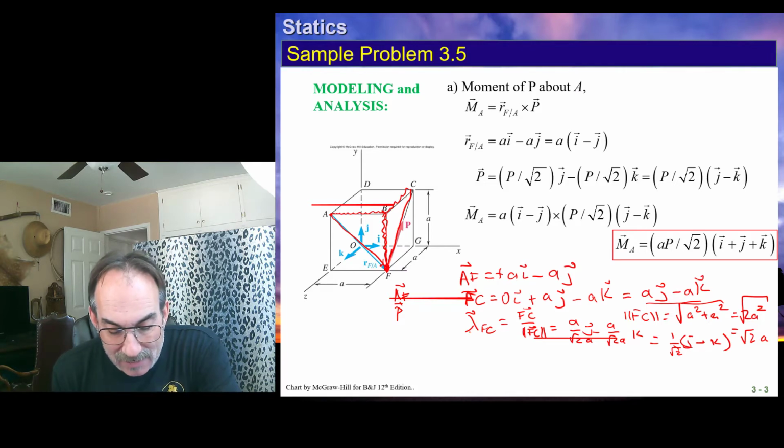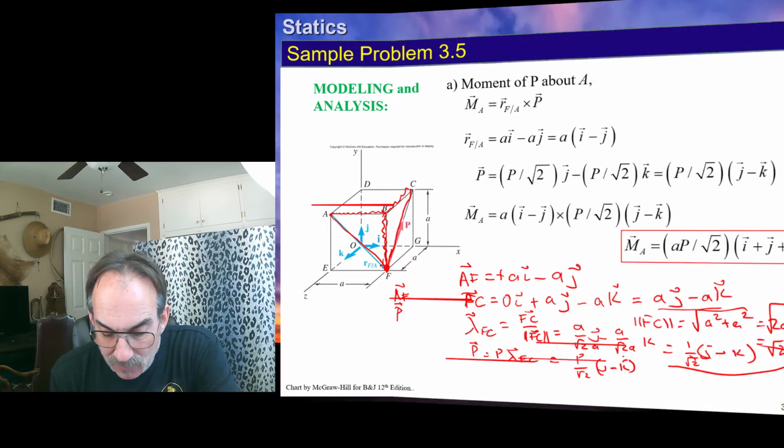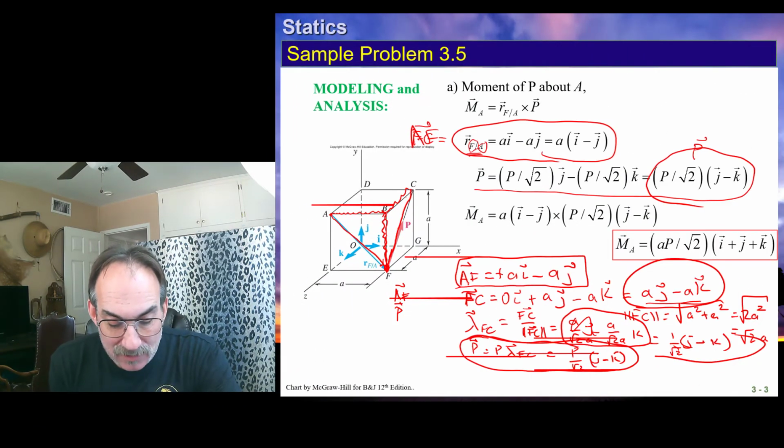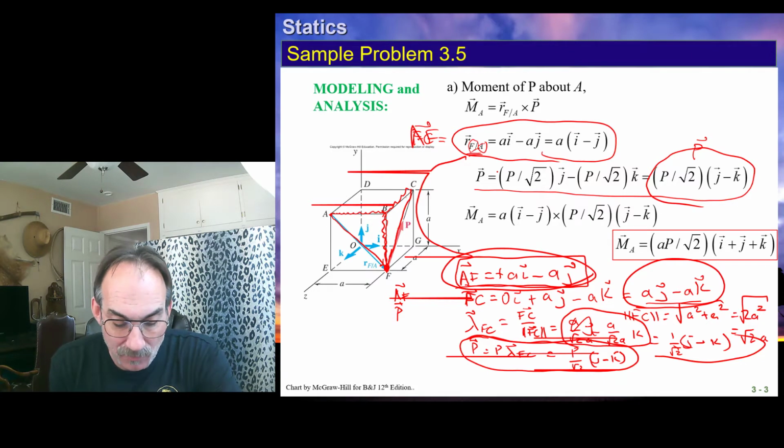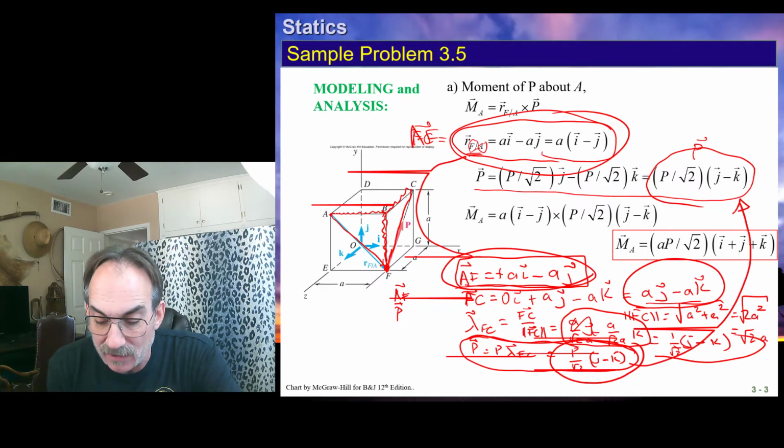Now the force will be the magnitude of the force times the unit vector of its line of action, which means we just take this and multiply by P. Therefore, that is just P over square root of 2 times (j minus k). Okay? So we've calculated AF, and you'll notice that that is right up here. And we've calculated P, and you'll notice that that's right here.